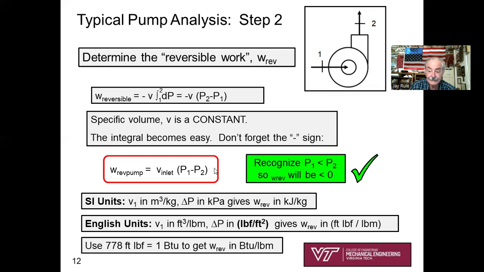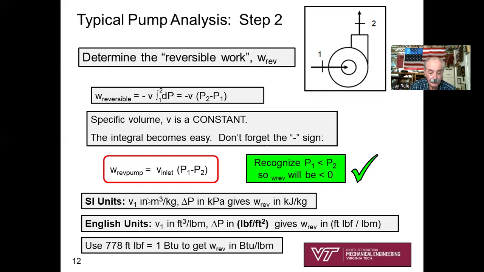I'm going to write down that this is not a formula. It's something that you can derive from the fundamental relationship. The work, W dot over M dot of the reversible pump, is V at the inlet, V1, times P1 minus P2. You see you're going to get a negative number here since P1 is a lower number than P2. That's what you expect. W rev is a negative number.